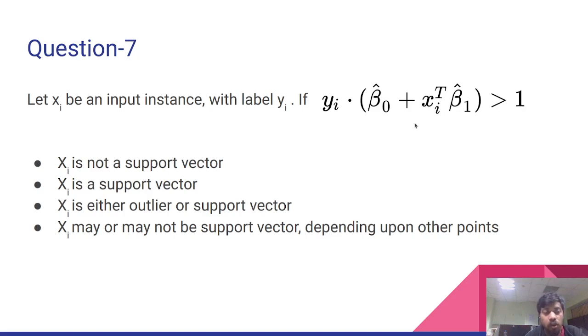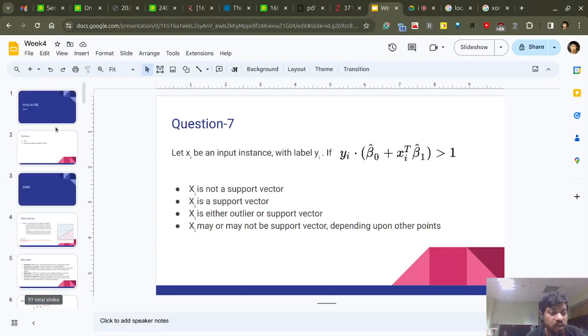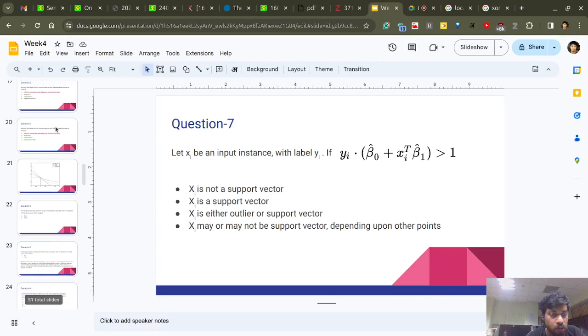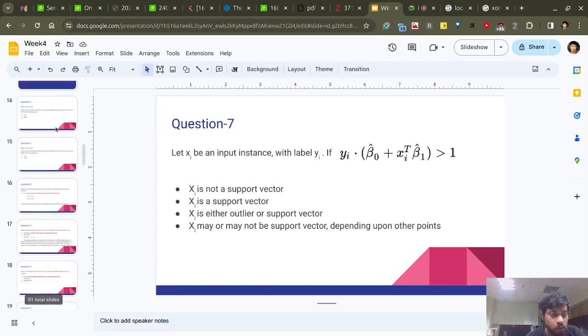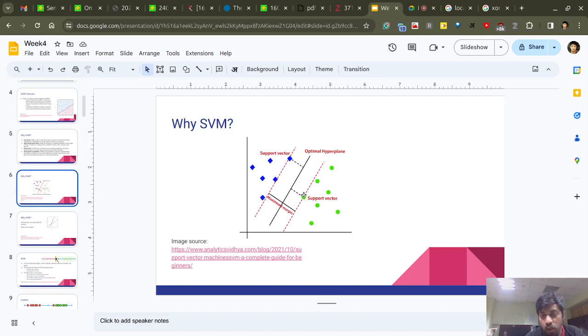So in this example, equal to 1 is this, equal to 0 is anywhere on the line, equal to minus 1 is this, and anything that is not equal to 1 is outside the support vector.